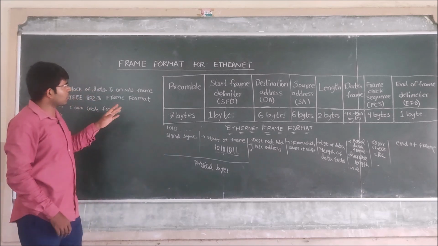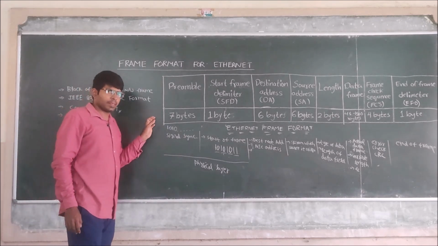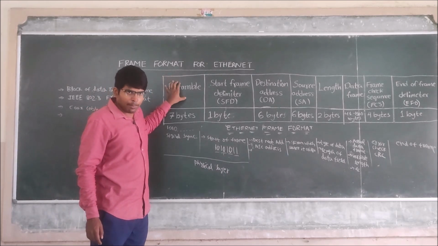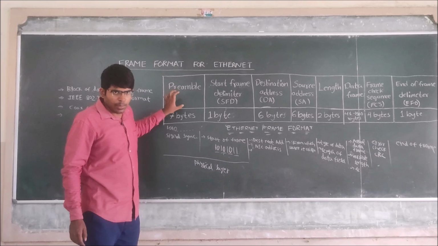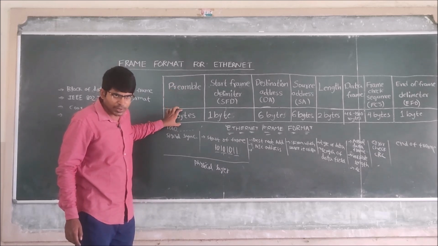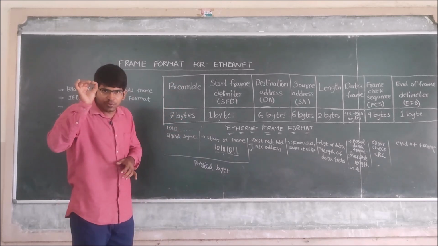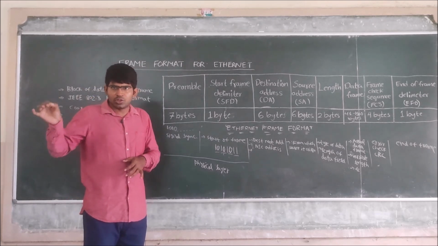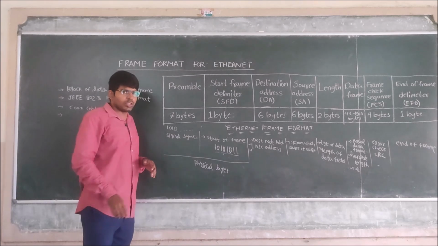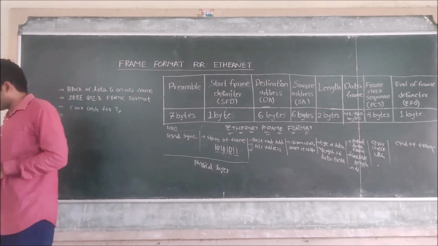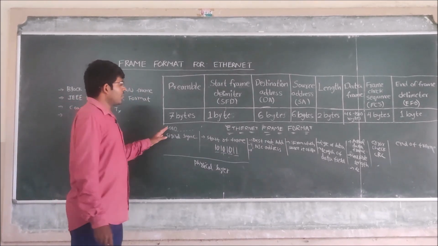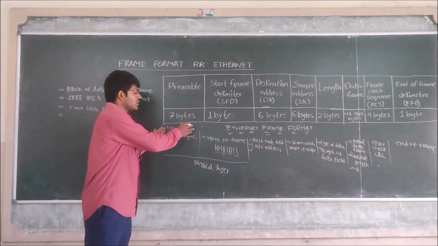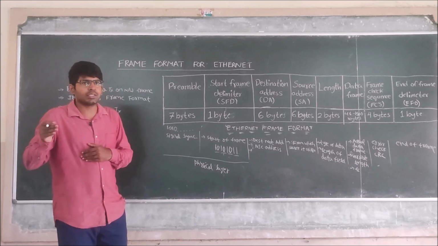Now we are discussing the frame format. In this frame format, first we are using the preamble. In this preamble we have 7 bytes of information. These 56 bits are alternating ones and zeros, so 10, 10, 10, 10. These 56 bits mean 28 ones and 28 zeros.